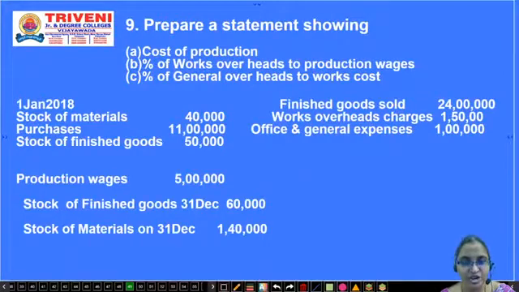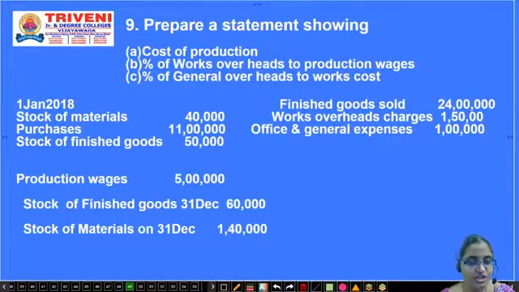Works overhead charges: this item comes under the head of factory overheads. Next, office and general expenses 1 lakh: it comes under the heading of office and administration overheads. Next, productive wages 5 lakhs.